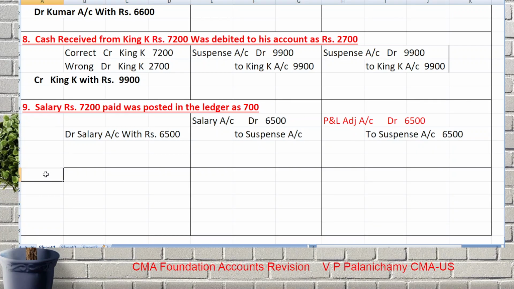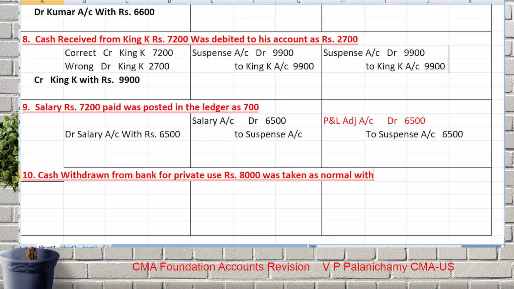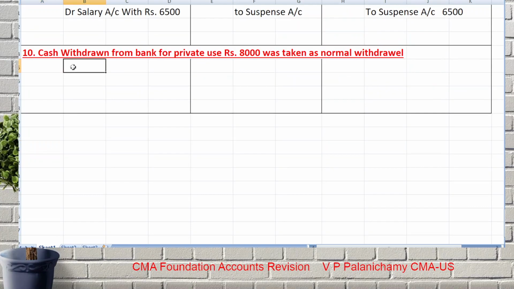Next error. Pay attention. Okay. Cash withdrawn from bank for private use rupees 8000 was taken as normal withdrawal. For withdrawing from the bank for personal use, what entry should have been passed?